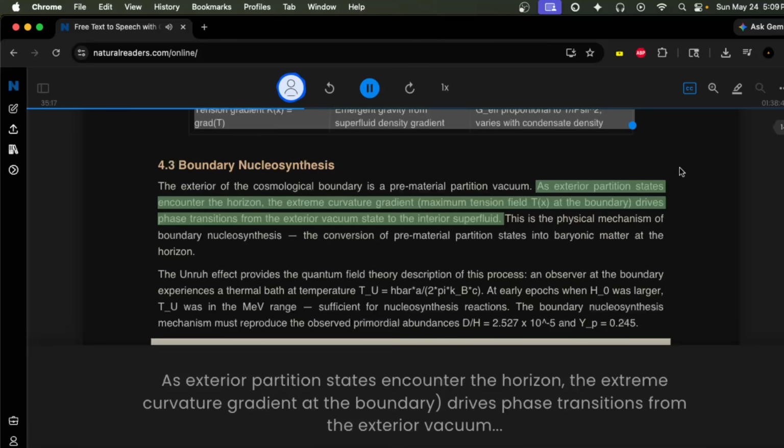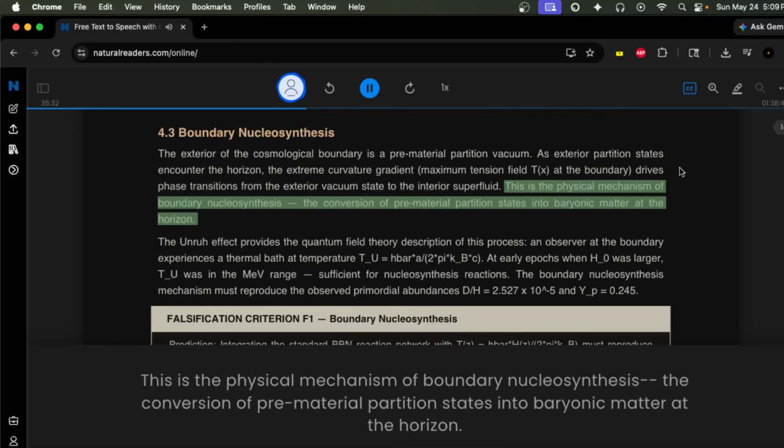As exterior partition states encounter the horizon, the extreme curvature gradient at the boundary drives phase transitions from the exterior vacuum state to the interior superfluid. This is the physical mechanism of boundary nucleosynthesis, the conversion of pre-material partition states into baryonic matter at the horizon.